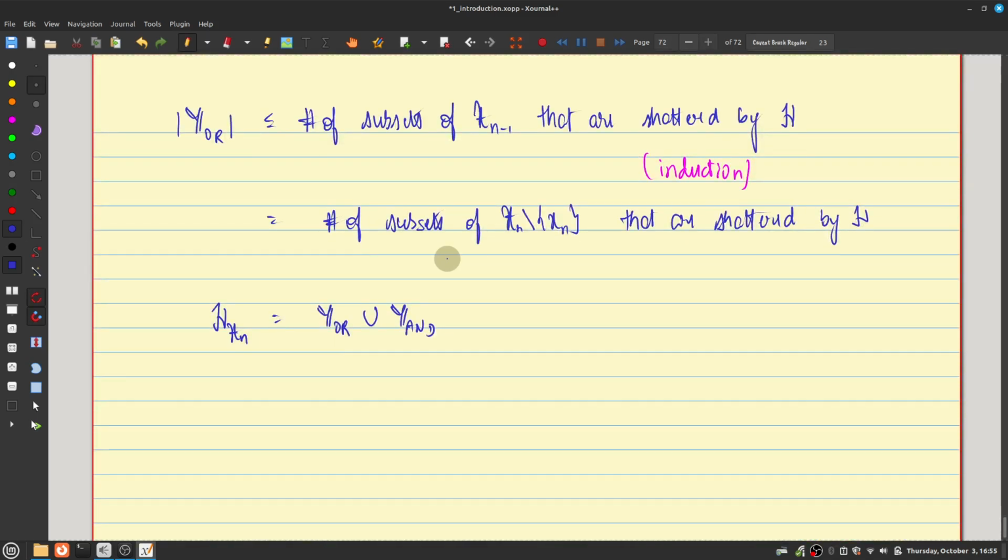It's not exactly the union, but what I can definitely claim is that, because after all these are vectors of length n minus 1, the size of hxn is less than or equal to the size of the union.